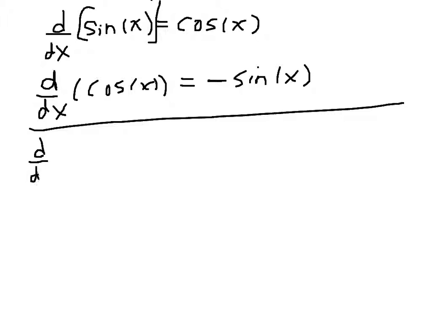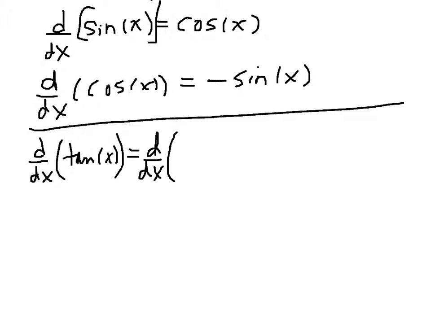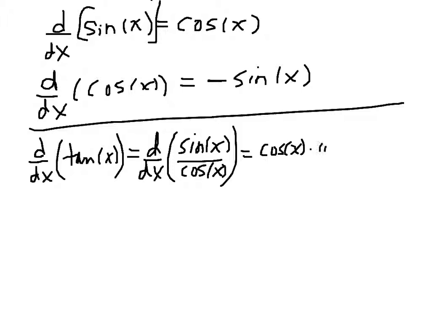So let's see if we have enough room here for the derivative with respect to x of tan of x, which we can rewrite as the derivative with respect to x of sine of x over cos of x. Right? So we write that as a quotient, and we use the quotient rule. It is low d high.